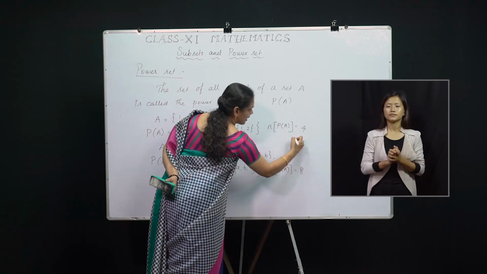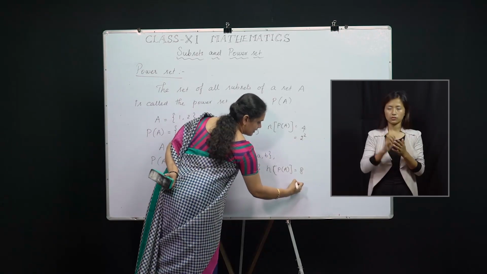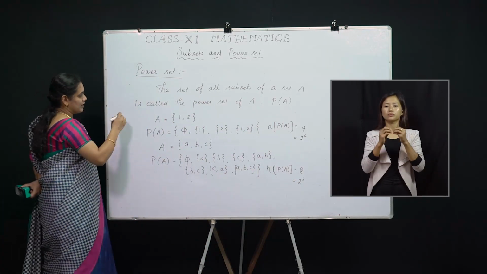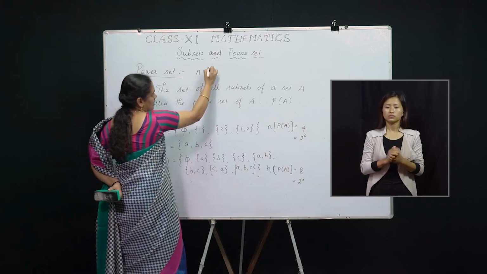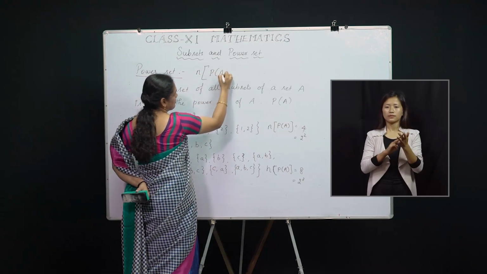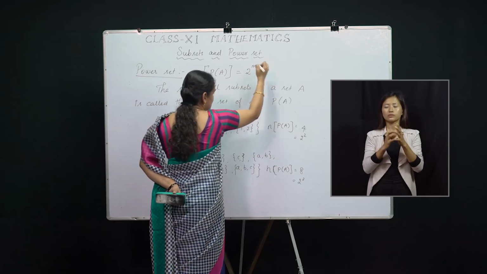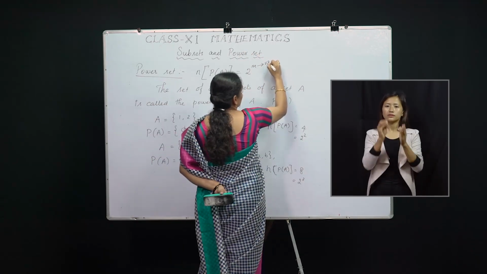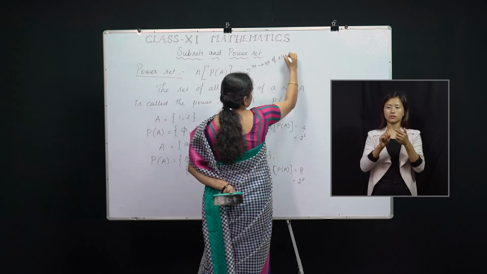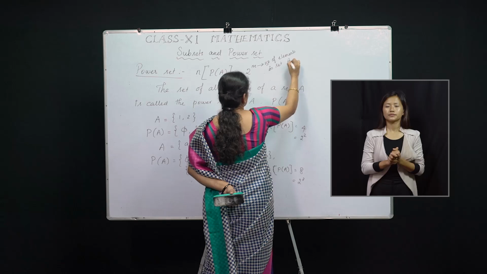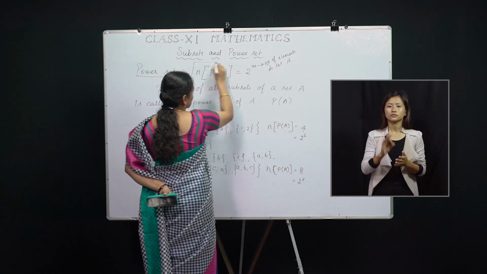So 8. So can we write this one as 2 square and this one as 2 cube? Yes. So in general, the number of elements in the power set can be written as 2 power m, if m is the number of elements in set A. This is a very important result.